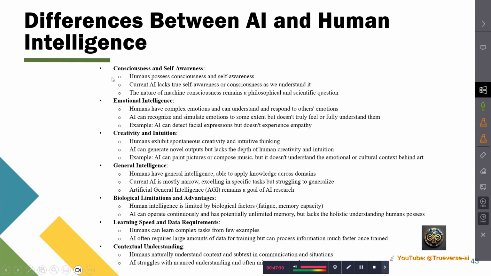Differences between AI and human: consciousness. This is very important, especially in quantum physics. Max Planck mentioned that every object has consciousness. For example, a plastic spoon: if you go inside, you will find atoms, protons, neutrons, subatomic particles, and then some sort of string, which is string theory. You will see that it is moving, and it is moving based on consciousness.